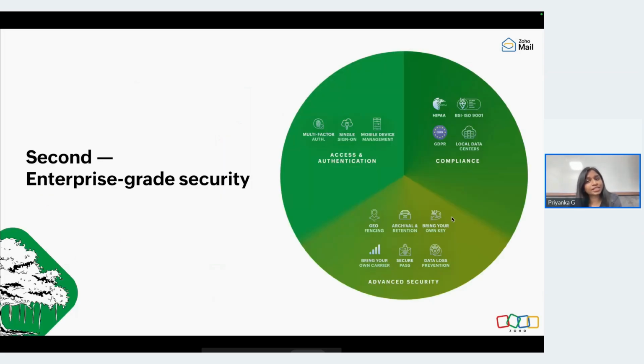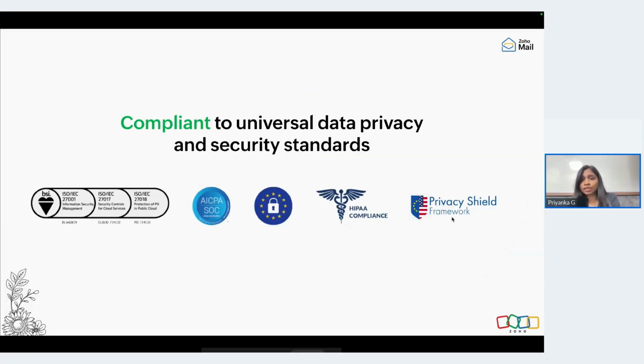Second, enterprise-grade security. Do we cut corners on security? Definitely not. Any organization, any business you may take, the security is quite important for them. Their organization data must be kept secure, isn't it? In that case, we are very, very conscious and we have numerous security aspects to make sure your organization data is safe. And we also adhere to data privacy and security standards.